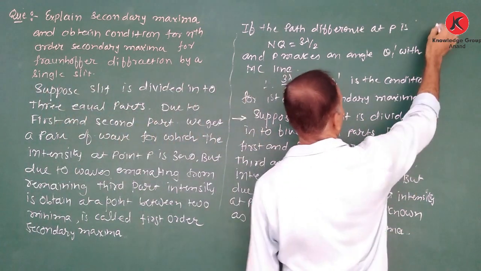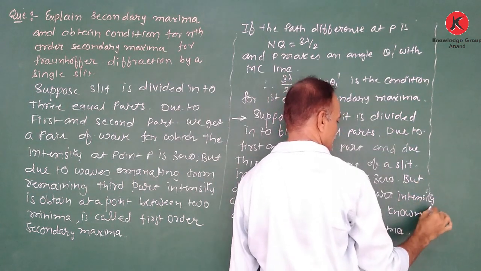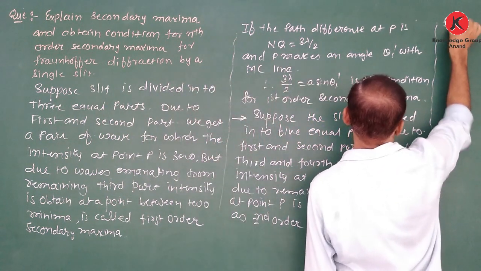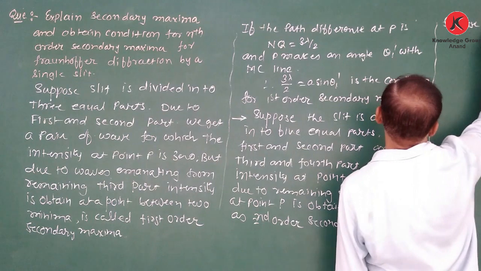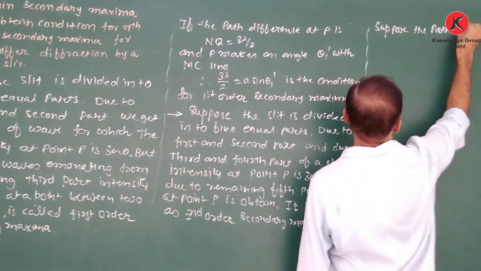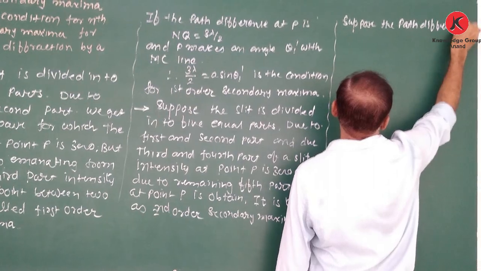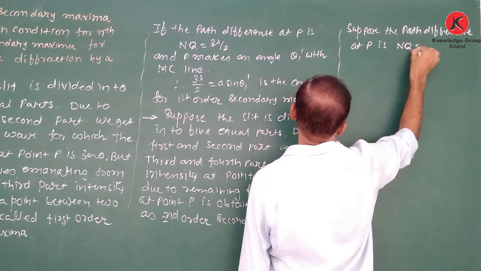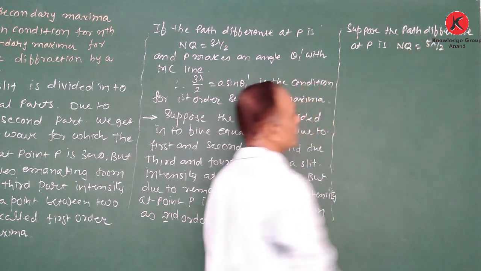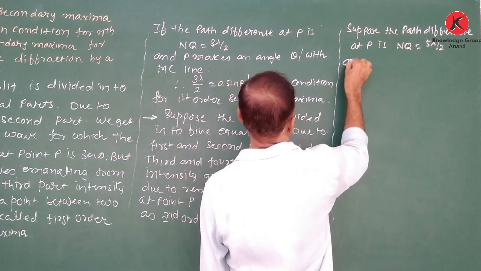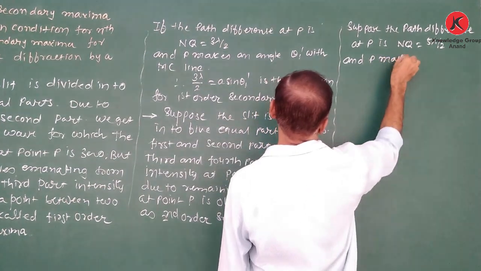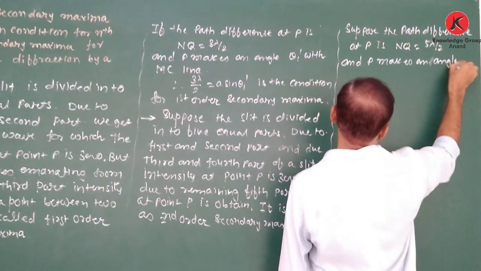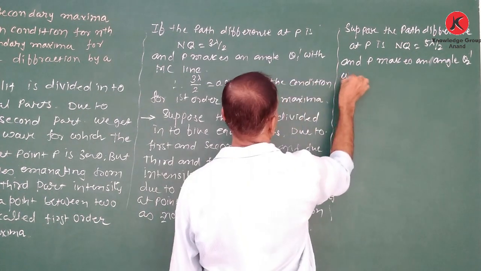Now here, if the path difference for the second order secondary maxima is 5 lambda by 2, suppose the path difference at P, NQ, is equal to 5 lambda by 2, and P makes an angle theta 2 dash with the MC line.